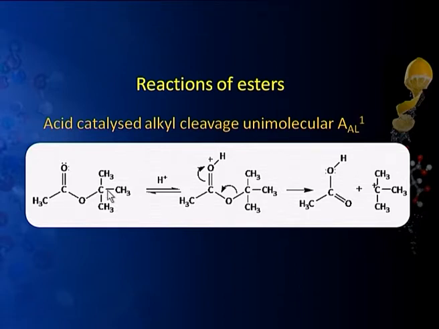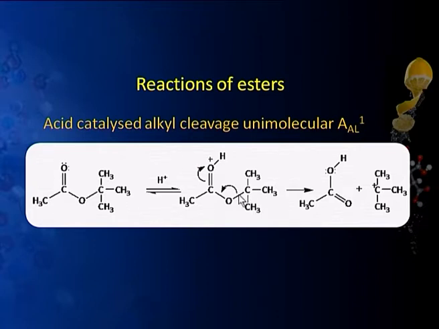Then in such cases, when we try to treat the reaction with acid, the protonation occurs immediately here, and then this group which can form a stable carbocation is lost as carbocation part. This pair of electrons comes here, we get this acid and a stable tertiary carbocation here.